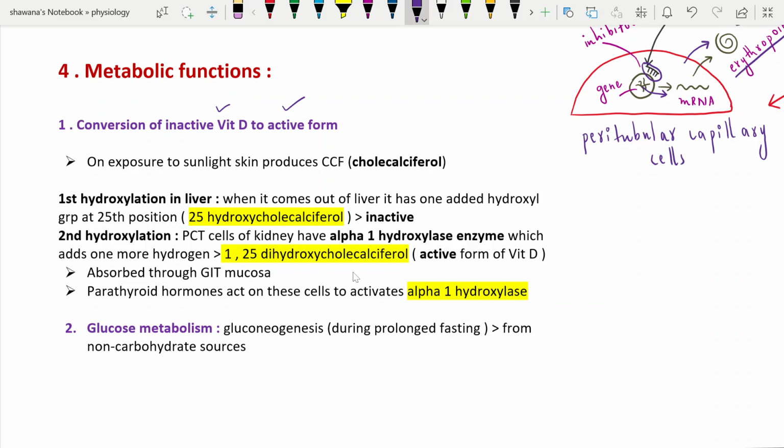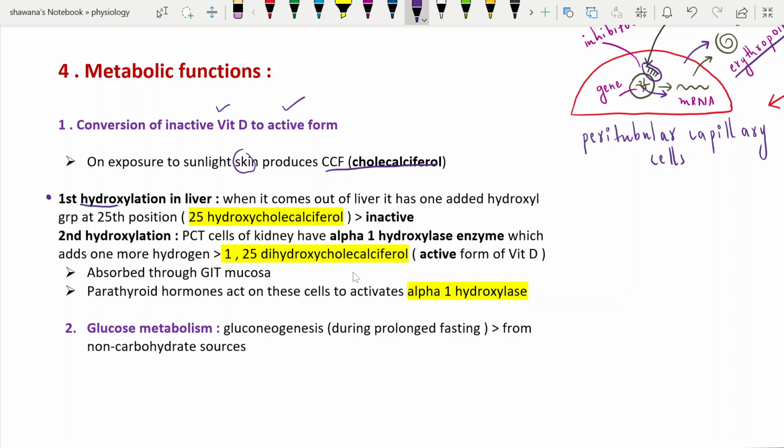You all know that our skin, on exposure to sunlight, produces cholecalciferol, but cholecalciferol is not enough. It must undergo several conversions before it becomes the active form. The first conversion, or in more technical terms, hydroxylation, occurs in the liver.